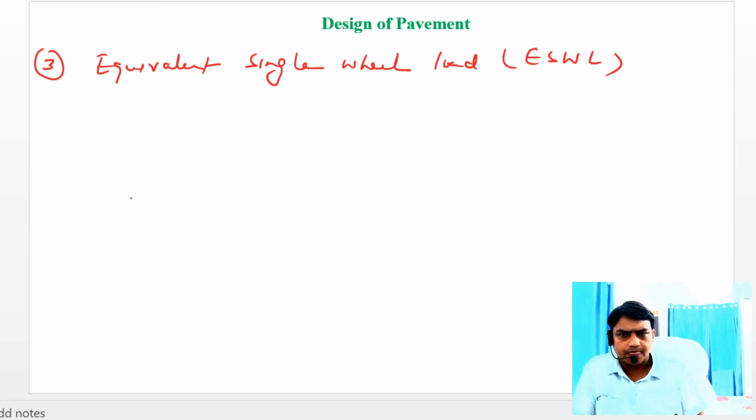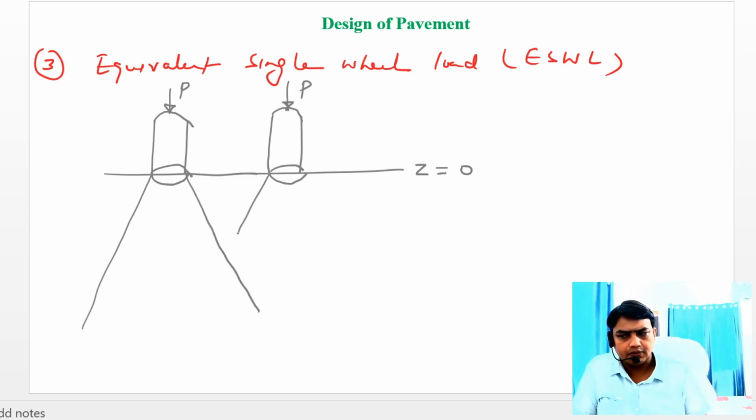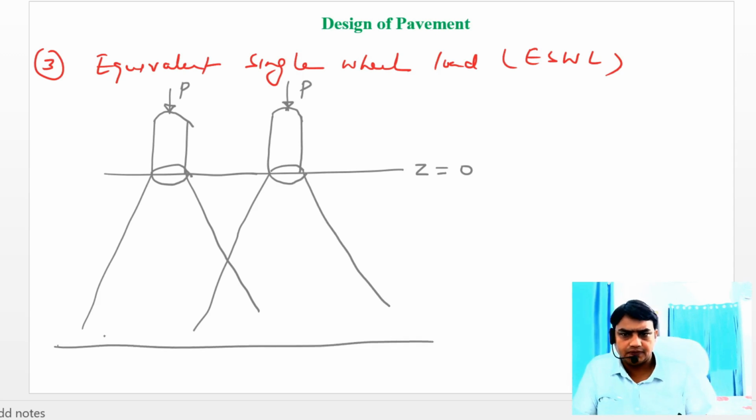So let us assume this is the ground surface, or we can say that pavement thickness is 0, and the load is P, and another tire, this is also P, and the load is distributed at a 45-degree angle, load dispersion at an angle of 45 degree.